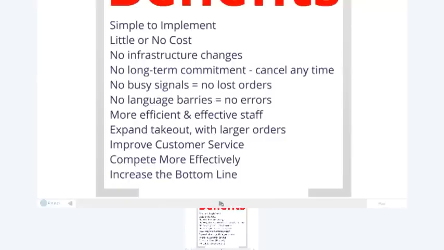You hired people to do various things at your restaurant, and that's what you want them to do. This way, the order taking is handled off premises by the customers themselves using our system, and therefore your employees are going to be more efficient, and they'll be able to do a more effective job for you.